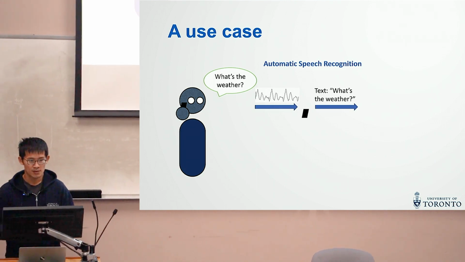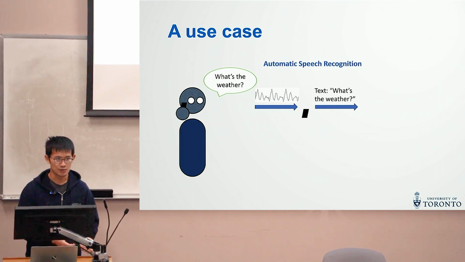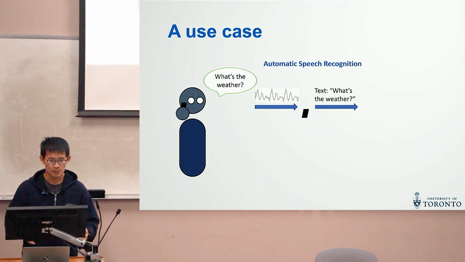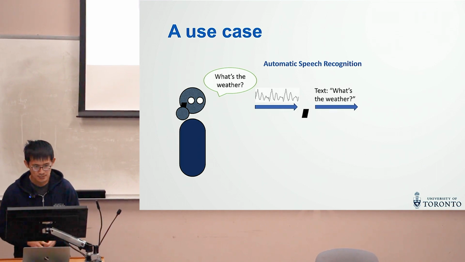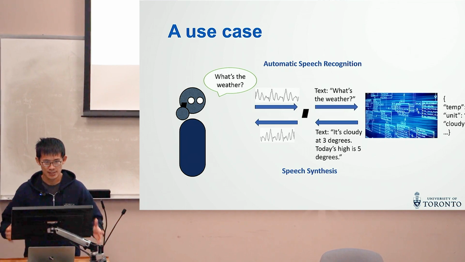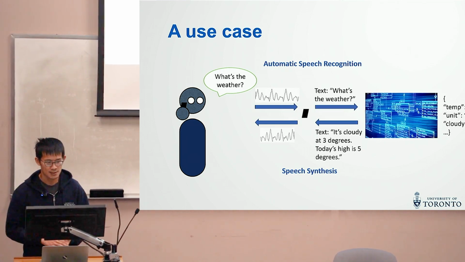So with the automatic speech recognition technology, the smart assistant in the phone is able to transcribe that into text. So the transcription is, what's the weather? And the text is able to be processed by some backend systems, either at the server side or at the client side.